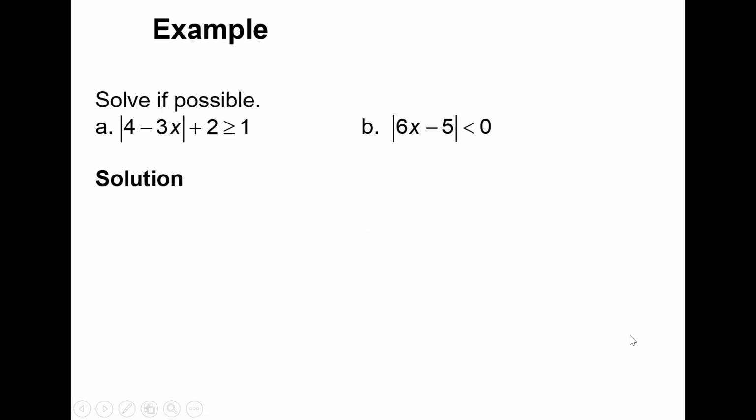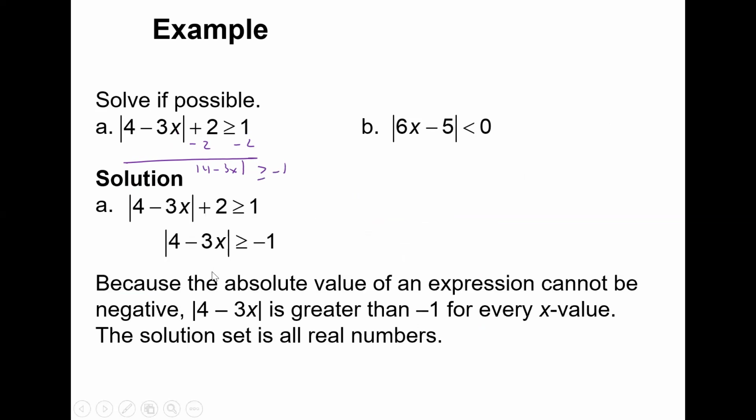All right, now we're supposed to solve if possible. Well, most things are possible unless we have equals zero or less than zero. So first things first, I'm going to subtract 2. Now it says the absolute value of 4 minus 3x is going to be greater than or equal to negative 1. Okay, well, make sure we're doing that.